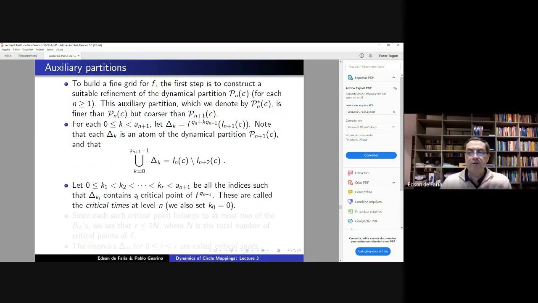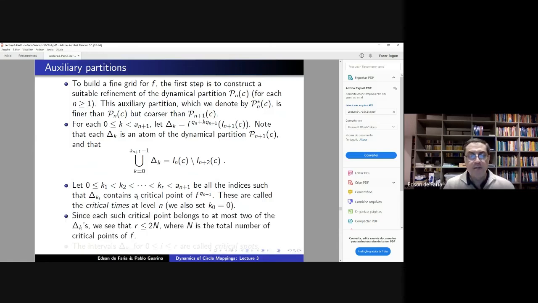So if you look at the first return map to I sub n, it's going to pick up other critical points along the circle on the way. So when you come back, you actually have some critical points lying in some of these fundamental domains, okay? These moments where you have critical points for F^Q_{n+1}, for the return map, are called critical times, and the corresponding intervals are called critical spots, okay?